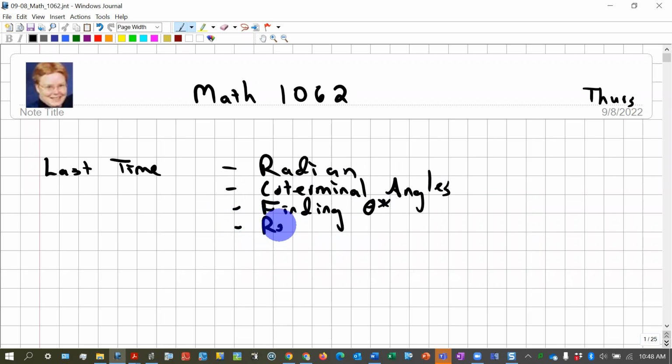And we talked about the reference angle for a given angle. I think that was it, if I'm remembering correctly. What questions do folks have? Yes.